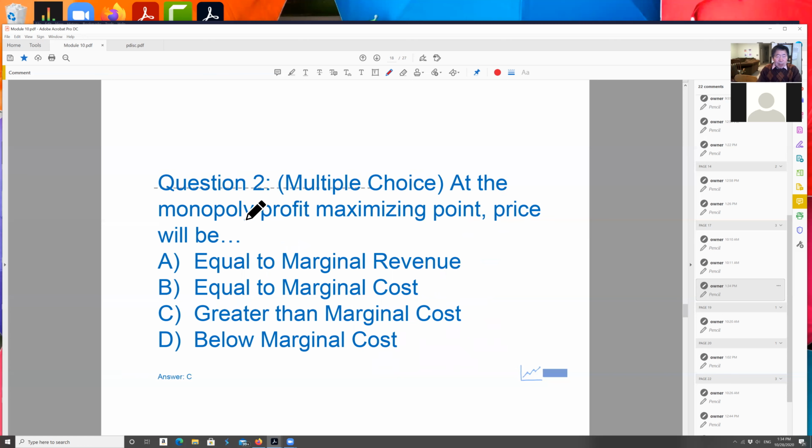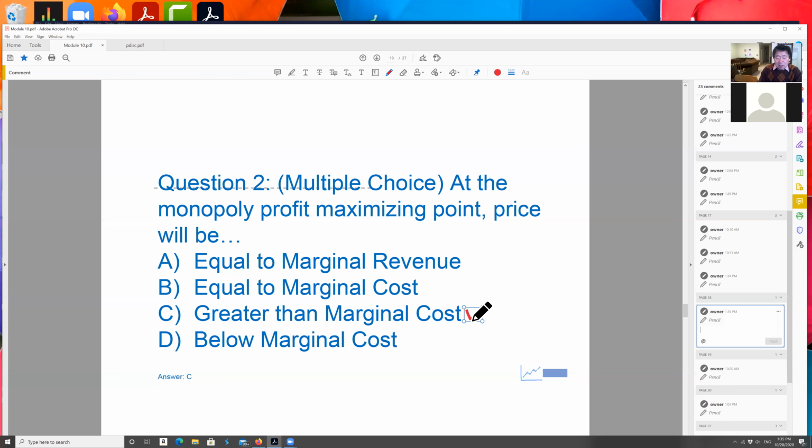Question: at the monopoly profit-maximizing point, price will be greater than marginal cost. The monopolist does not equate price to marginal cost. It equates marginal revenue, okay, to marginal cost.